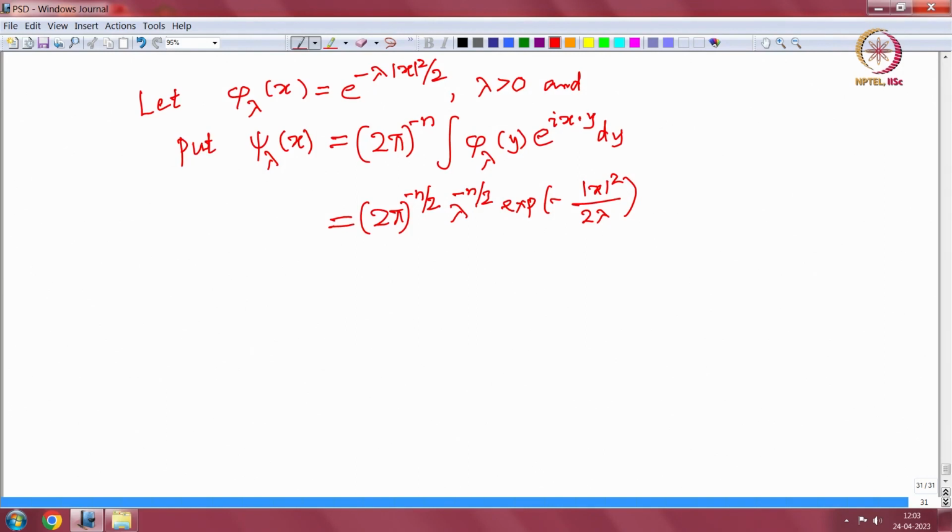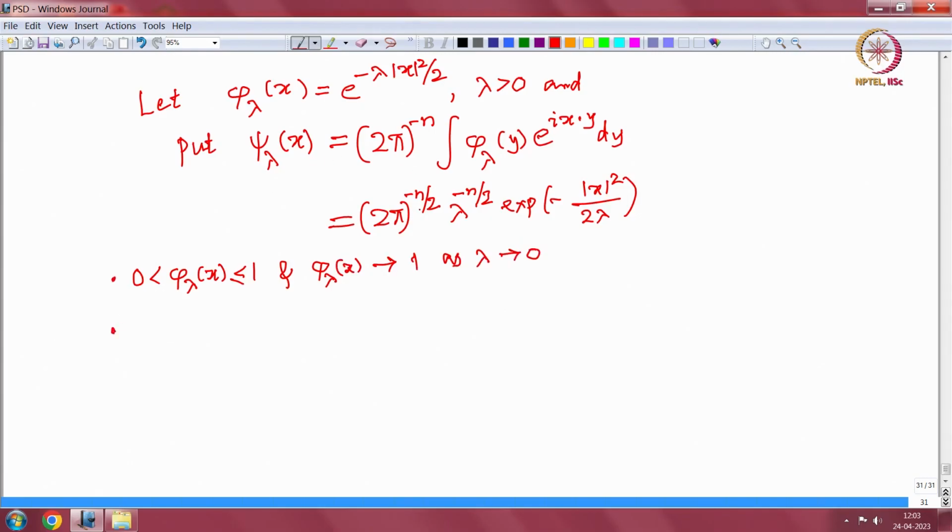Okay. So the important properties we are going to use here: 0 is strictly less than phi lambda of x, which is less than or equal to 1. Okay. And phi lambda of x converges to 1 pointwise. So that is one important property.